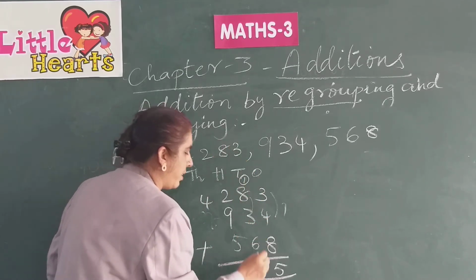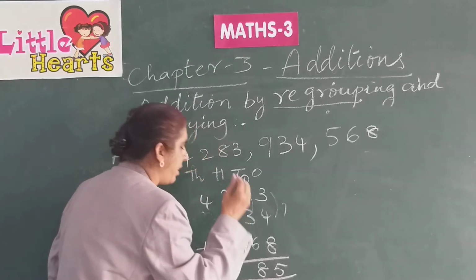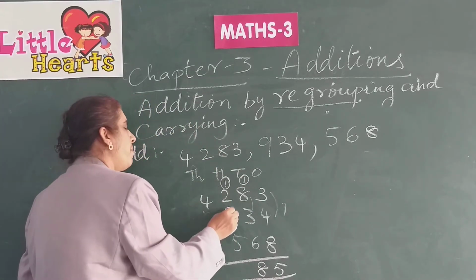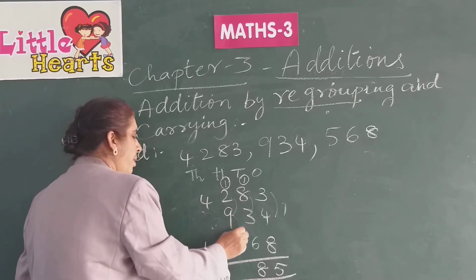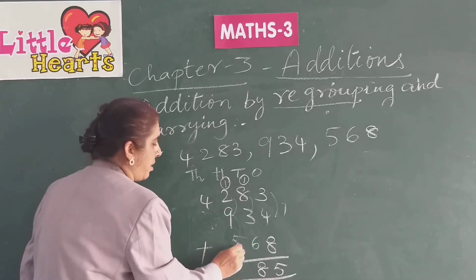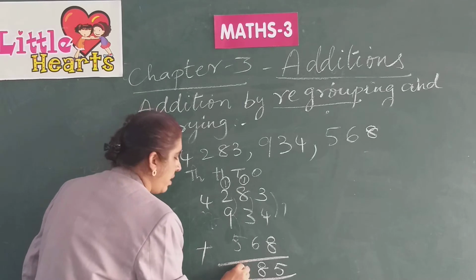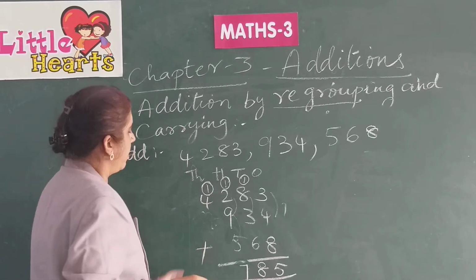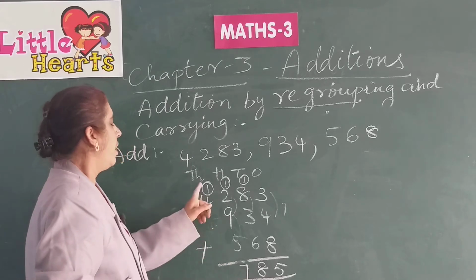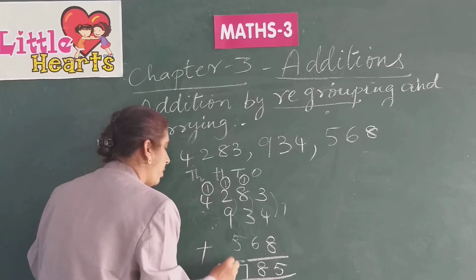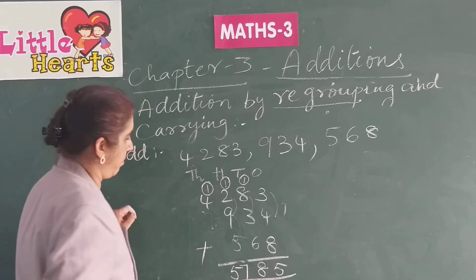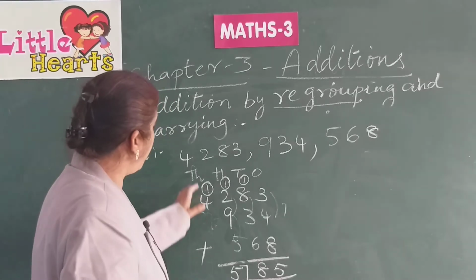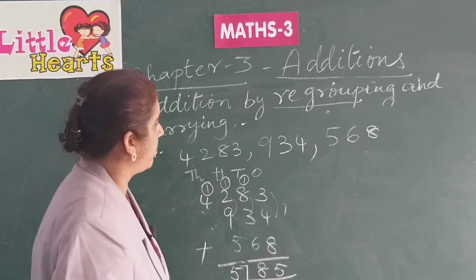Never forget to add this. 8 in the tens and carry 1 to hundreds. 9 plus 2, 11. 11 plus 5, 16. 16 plus 1, 17. 7 in the hundreds and 1 to the thousands. 4 plus 1 is 5. So in this way you can add.